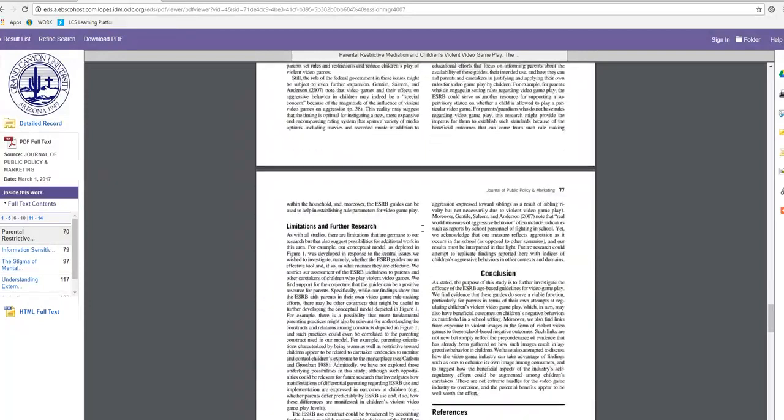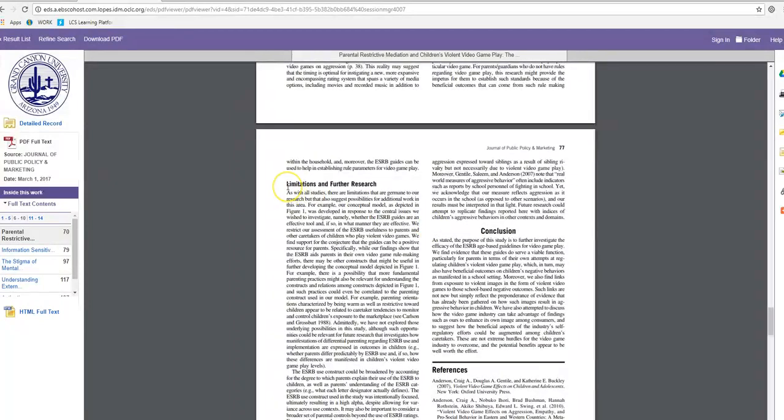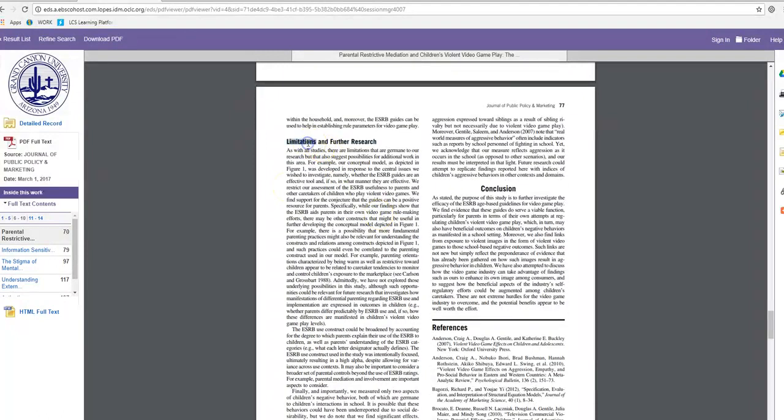And I've talked about limitations before, probably limitations in future research. Usually limitations is a section by itself, but limitations is basically saying that there could be reasons why we got these results or we didn't get certain results. It could be demographics, ethnicity, or gender.